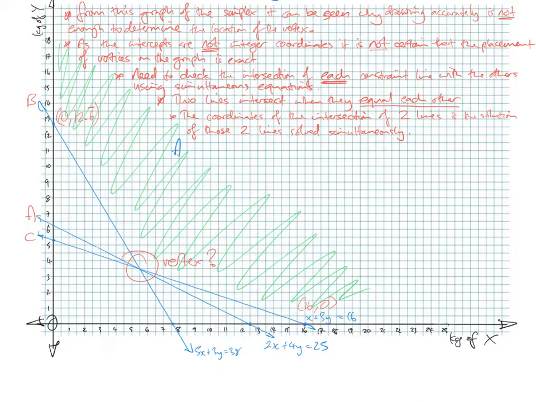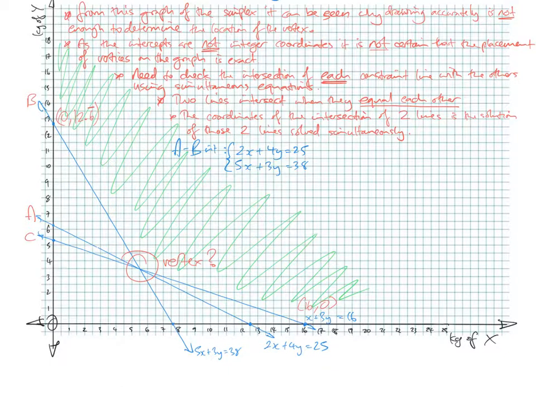So I'm going to try A to B intersection. Line A is 2x plus 4y equals 25. The line B is 5x plus 3y equals 38. They're my simultaneous equations. I want to know where they cross over, so I have to solve them simultaneously.